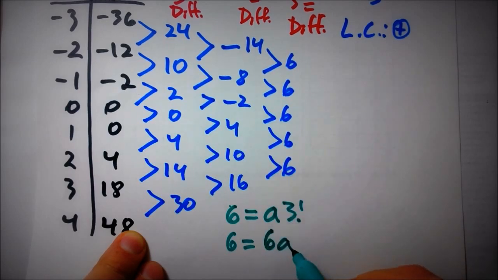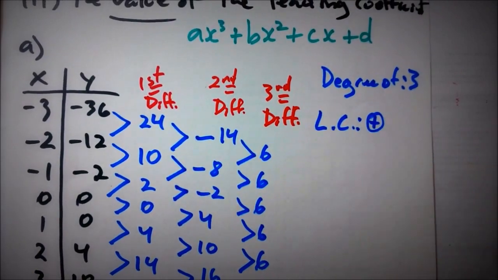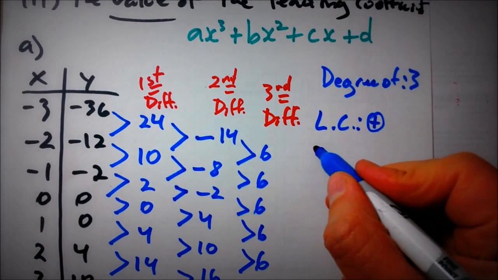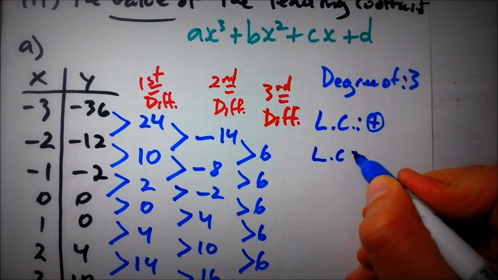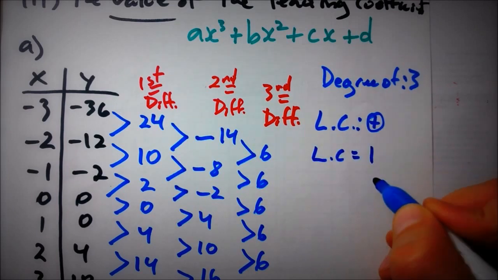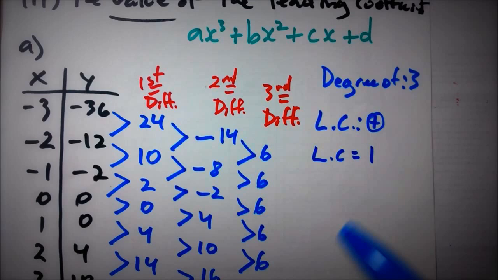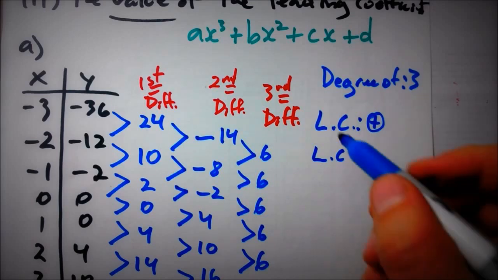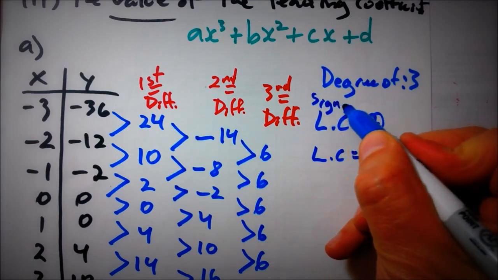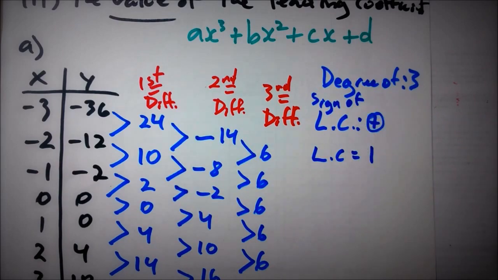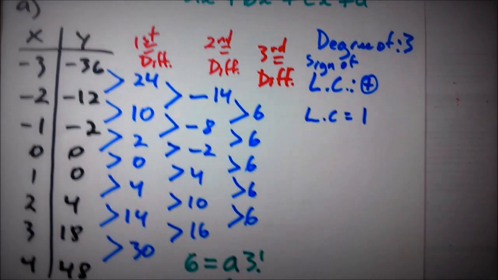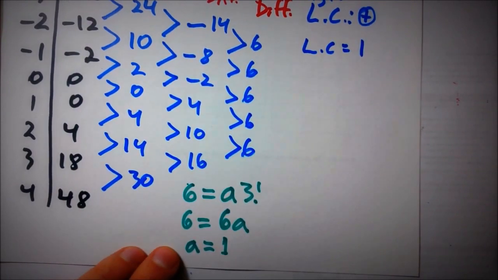Now let's solve for a, which is our leading coefficient. 6 divided by 6 gives us 1. So the leading coefficient is going to be equal to 1. That's the value of the leading coefficient, and the sign is positive. So that's how we got the leading coefficient.